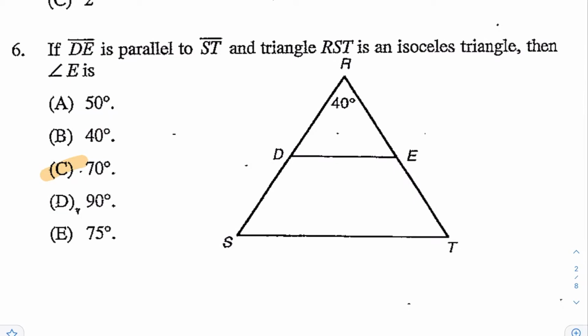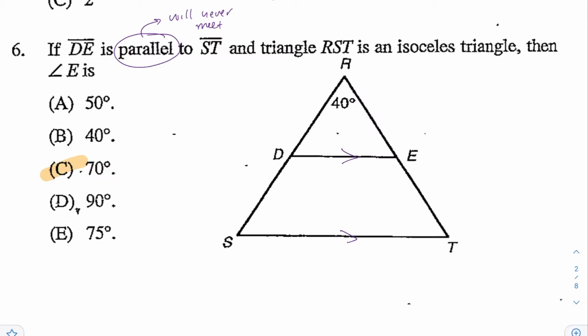Next for number 6, if DE is parallel to ST and triangle RST is an isosceles triangle, then angle E is. So DE is parallel to ST, which means that they will never meet. Now you also have triangle RST's isosceles.